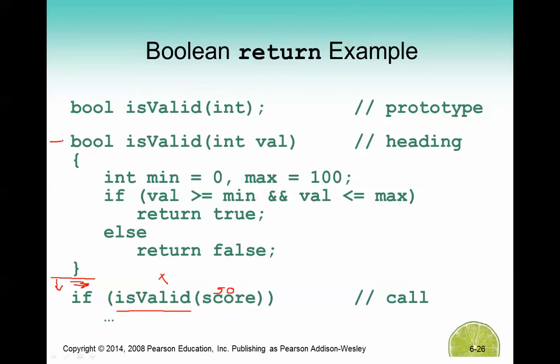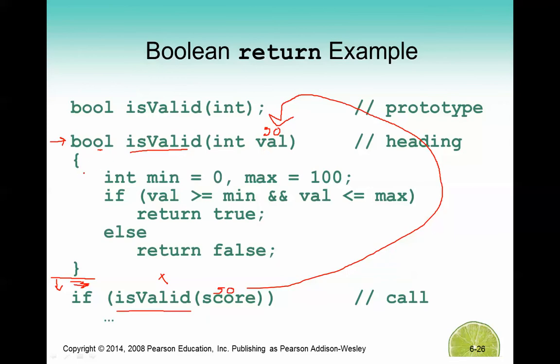Oh, here it is. I know right away that I'm going to be returning something because I have the bool right here. The 50 that I have in score is copied into bal, so now bal has a 50. This is the argument being sent, and a copy is placed right here. Now I have a 50 in score and a 50 in bal.